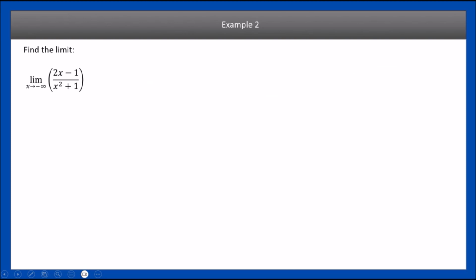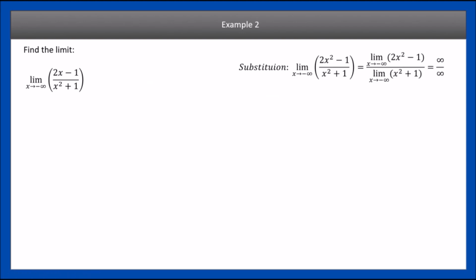All right, so let's look at another example. For this, we want to do the limit at negative infinity. If we do a direct substitution, we get infinity over infinity.